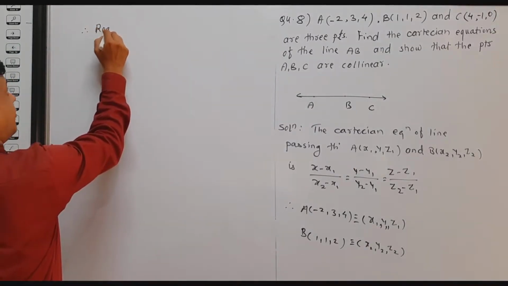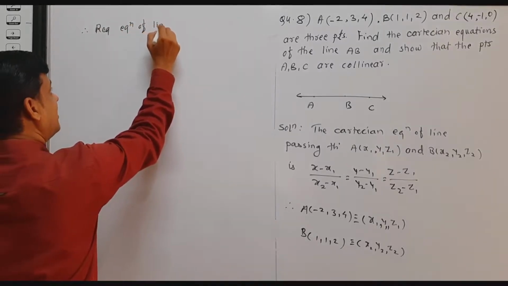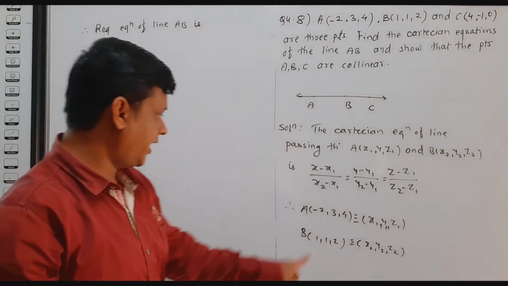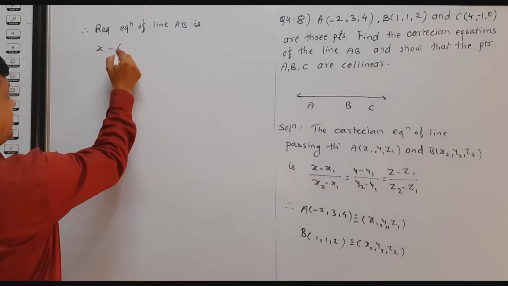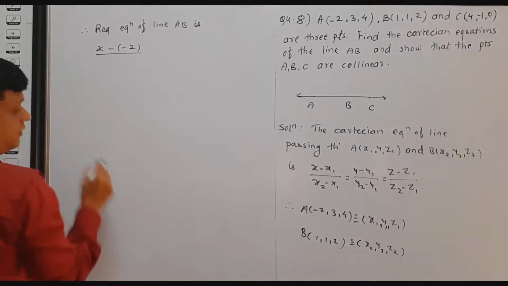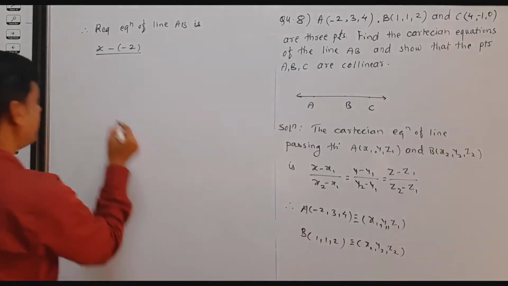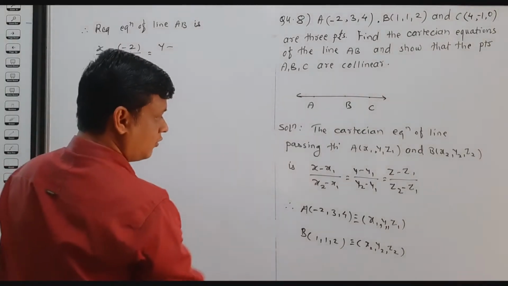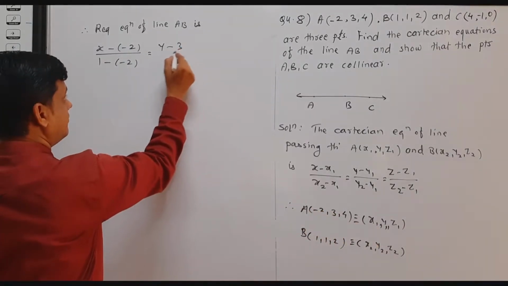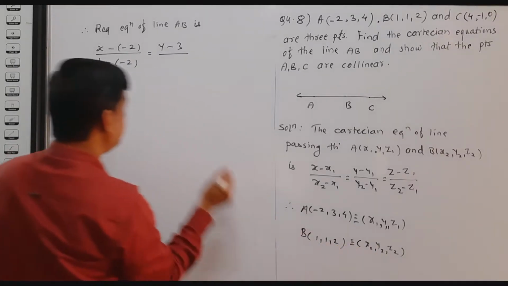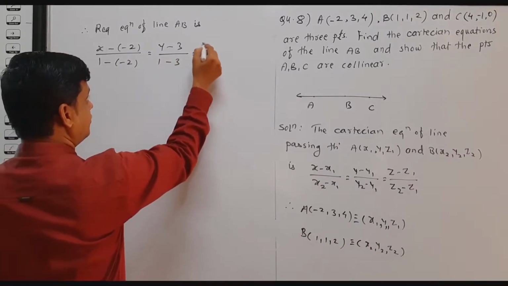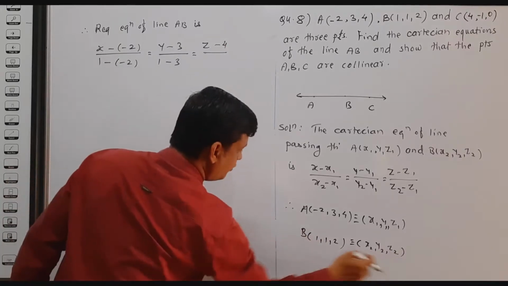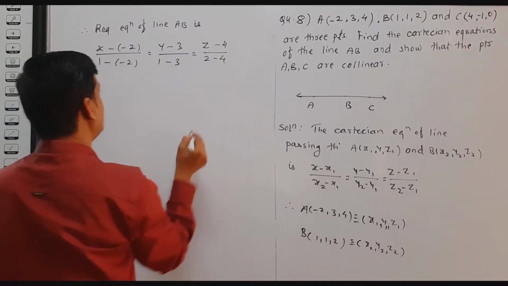Therefore the required equation of line AB is (x minus x1), here x1 is -2, so we write x minus x1 upon x2 minus x1, x2 is 1, so 1 minus -2, is equal to y minus y1, y1 is 3, y2 is 1, so 1 minus 3, is equal to z minus z1, z1 is 4, upon z2, z2 is 2, so 2 minus 4.